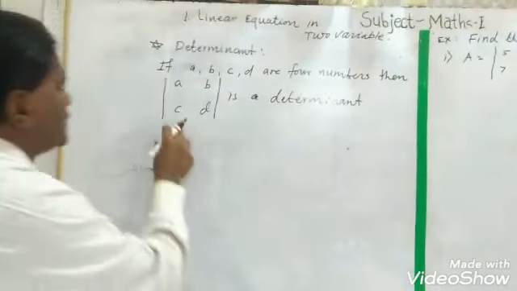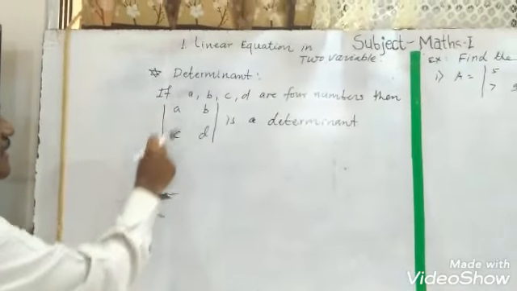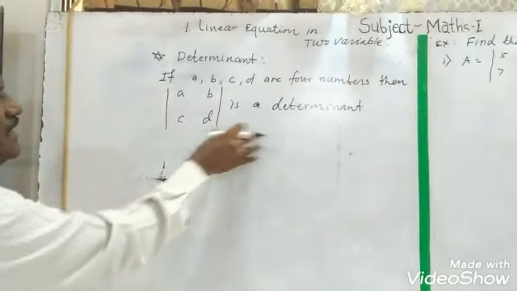That is read as determinant of order 2. Determinant of order 2 A, B, C, D is a determinant.